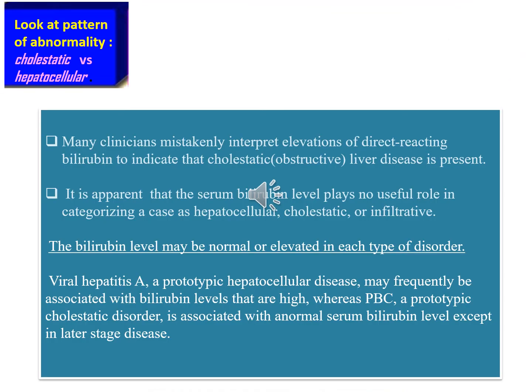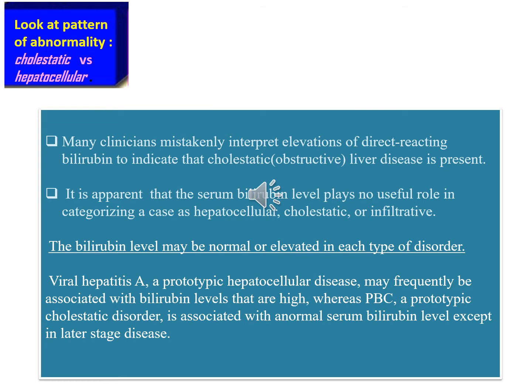So, as we mentioned, many clinicians mistakenly interpret elevations of direct reacting bilirubin to indicate that cholestatic liver disease is present. It is apparent that the serum bilirubin level plays no useful role in categorizing a case as hepatocellular, cholestatic, or infiltrative. The bilirubin level may be normal or elevated in each type of disorder.